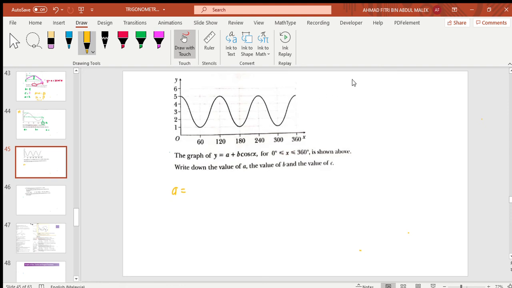Tapi kena ingat, our cos is already start from here, from 1. So when you say 5 here, susah lah. So better you start with the amplitude, amplitude is easy. Senang nampak. So amplitude refer to B.